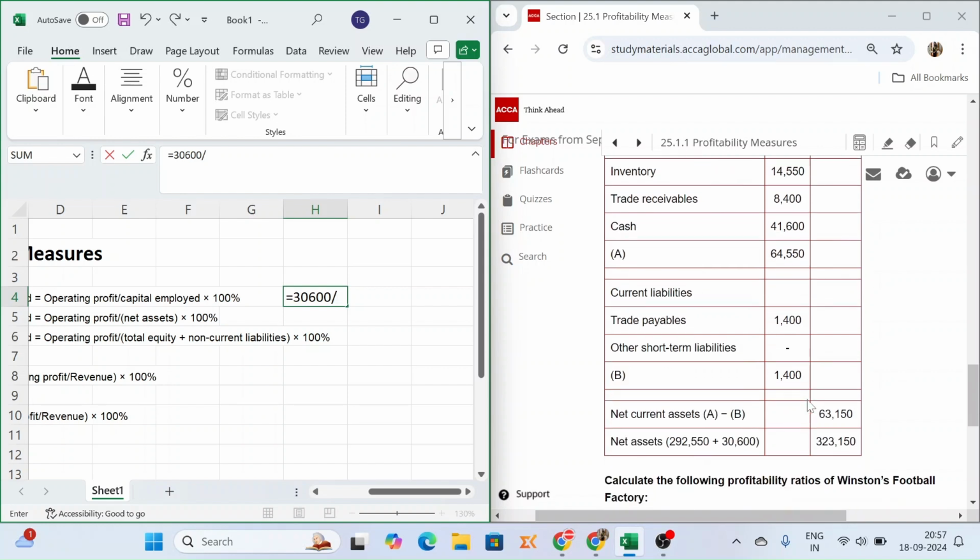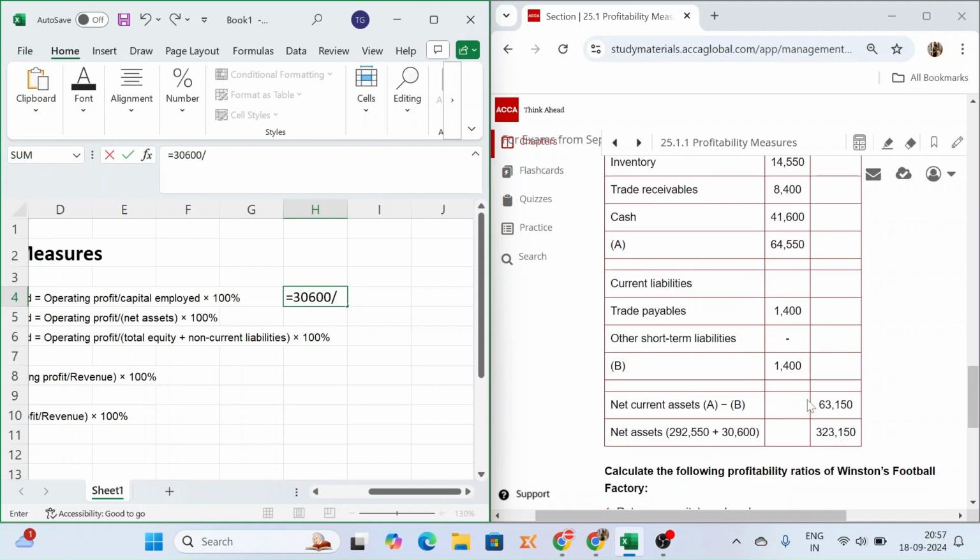Let's read further. You see you are given the net assets. So one of the formula has net assets. So you can simply take this figure, 323,150, and this has to be always put as a percentage. So you can say that this is roughly 9.5%. Ensure that you write your answer always in a percentage format.